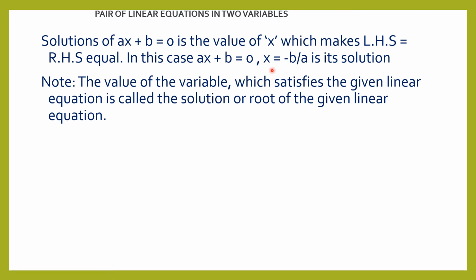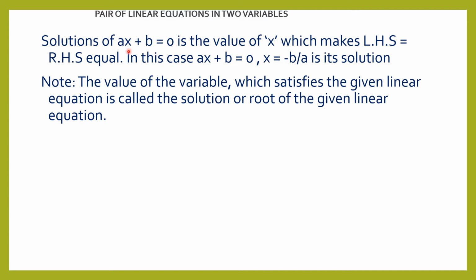So what is the root of ax plus b equal to 0? x equal to minus b by a. What is the variable here? x. So what is the value of x? Minus b by a. Substitute minus b by a in x place, we will get 0. Clear?